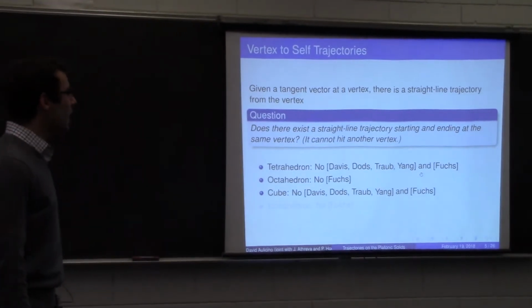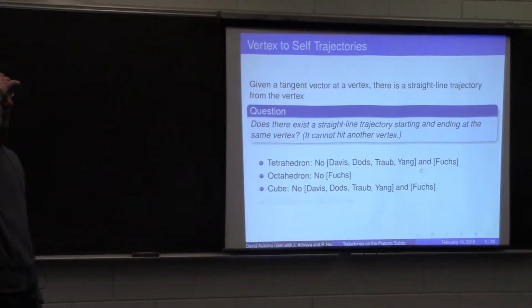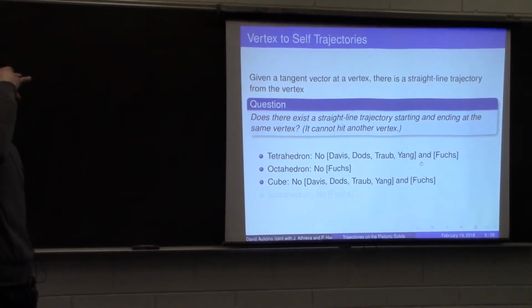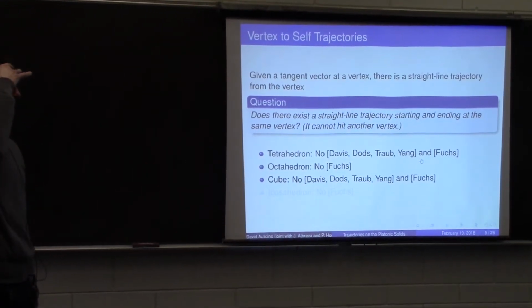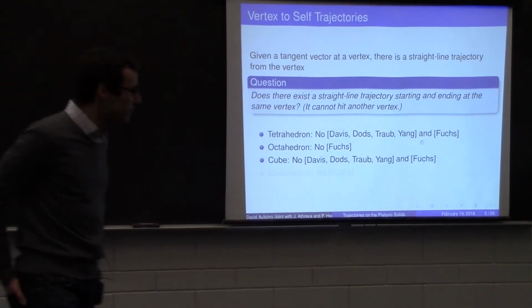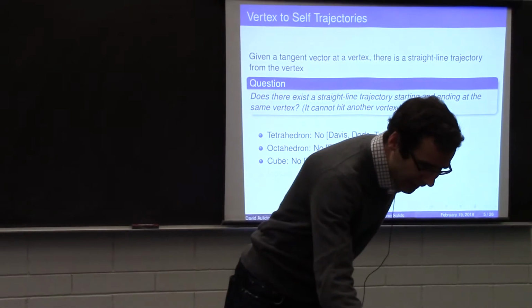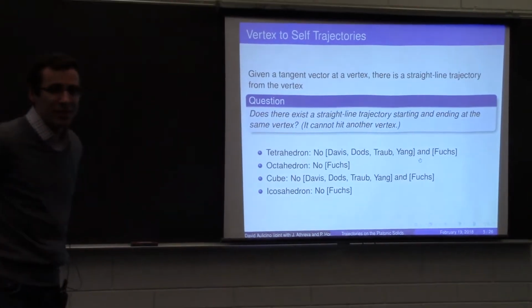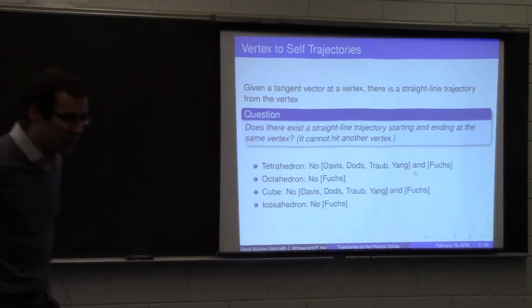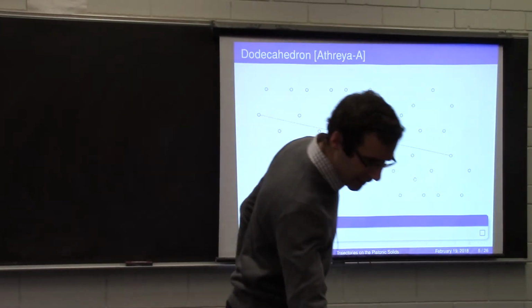That I want to say was Davis, Dodds, Traub, and Yang, maybe within the last 5 years. The Fuchs paper came out in 2016 or so, yeah, very recent. And the icosahedron, again, no. Well, that leaves one more Platonic solid, which is the dodecahedron.